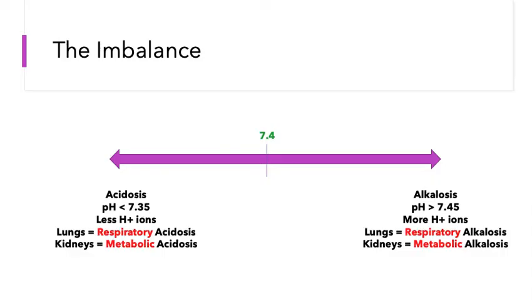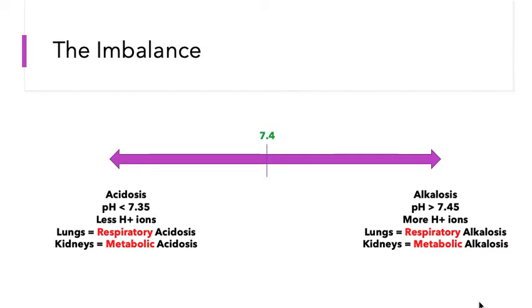So when we talk about acid-base imbalances, we talk about the disequilibrium between the intracellular and the extracellular fluid. As you could see in the figure, I created a horizontal line which is representing the pH of the blood. So we know that the normal pH of the blood is between 7.35 to 7.45. I created the midpoint at 7.4 to make it a little bit easier for us.